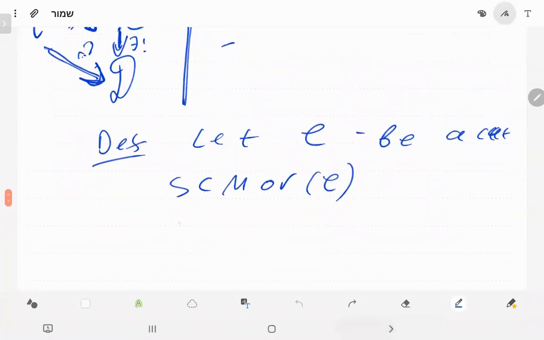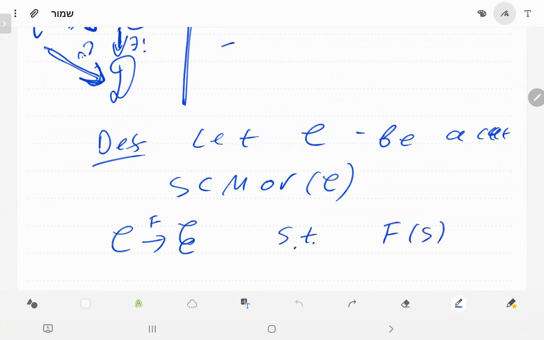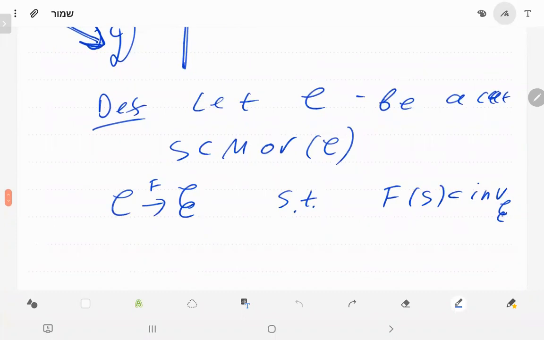Now I have a functor like this, say F, from C to E, such that F of S lies inside the invertible morphisms. So suppose I have such a pair.